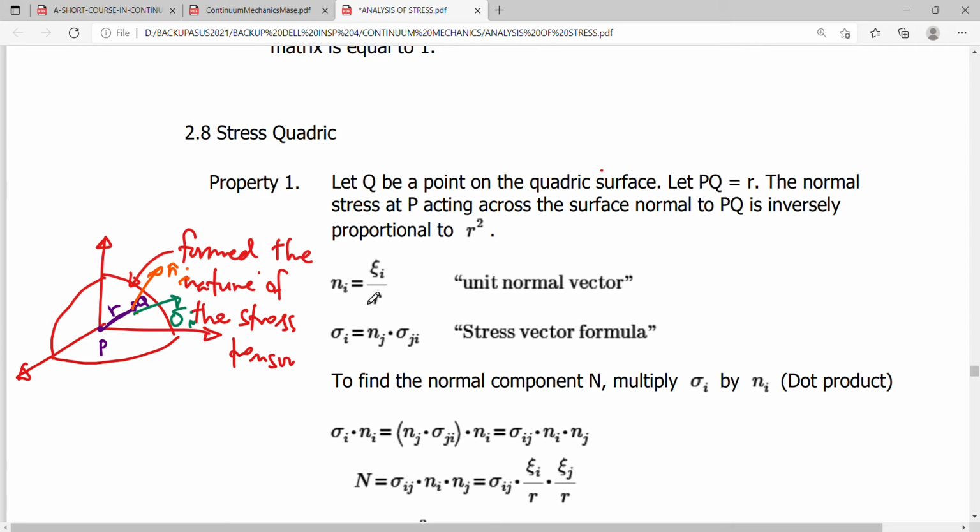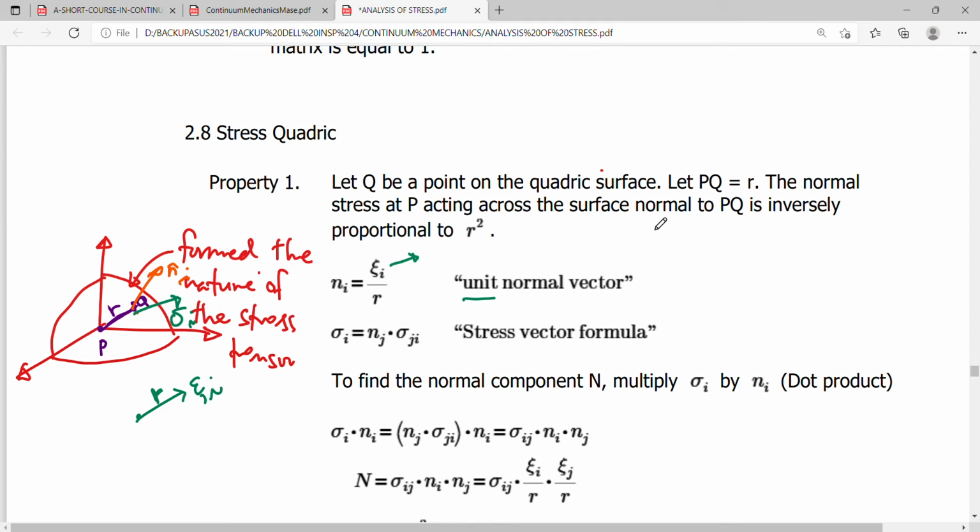So if I have here a unit normal vector defined by a direction vector xi, we can now note that your R here is considered as the length for your direction vector xi. So if I want to make use of a unit normal vector, I simply divide the direction vector xi by the length R, then I have a unit normal vector.